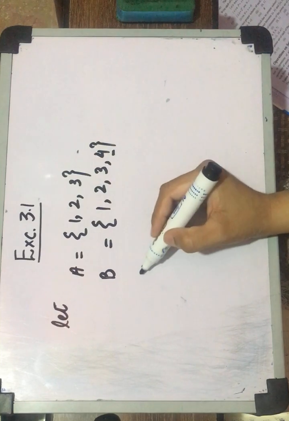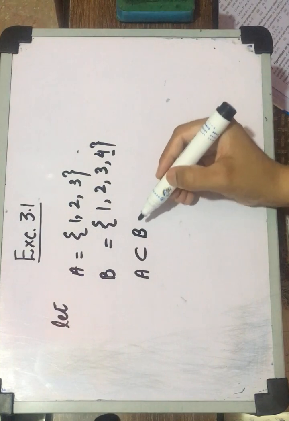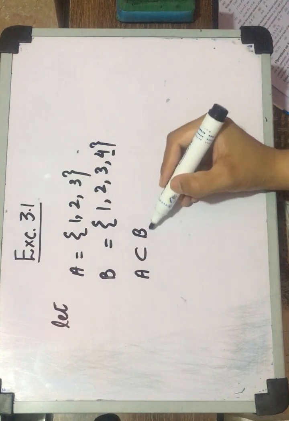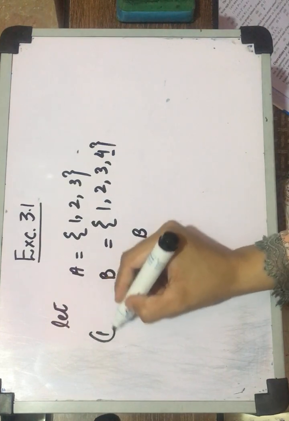First we write like this: A is contained in B, and we can say that A is a proper subset of B. Let's have another example.